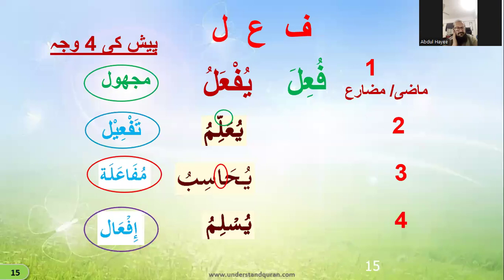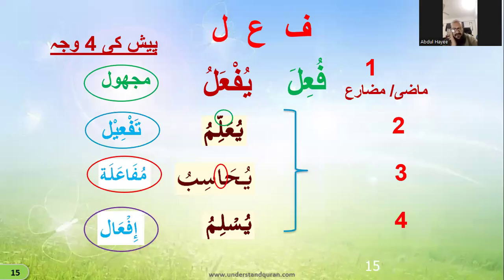There is no fifth reason for the dhamma coming. Either it is a majhul, maybe mazi or mudari, or it may be bab taf'il. If it is not, then it may be bab mufa'ala. If all three reasons are not there, majhul, taf'il and mufa'ala, then it must be from bab if'al.